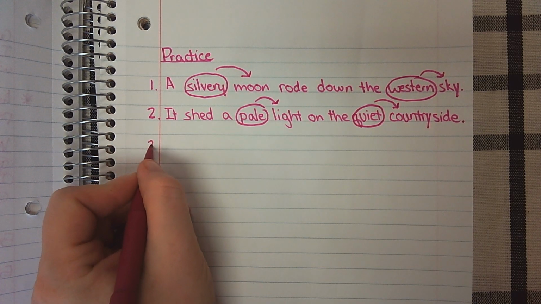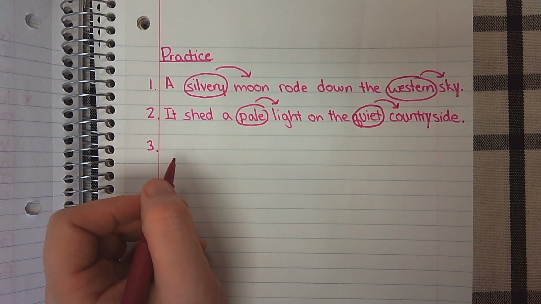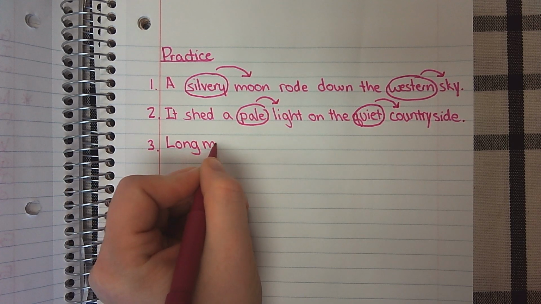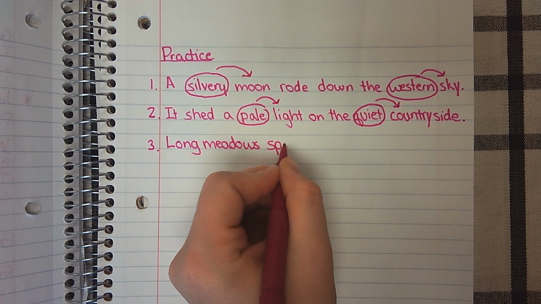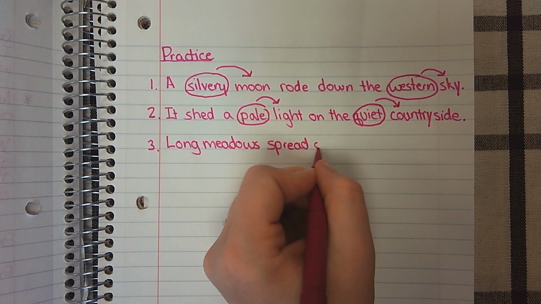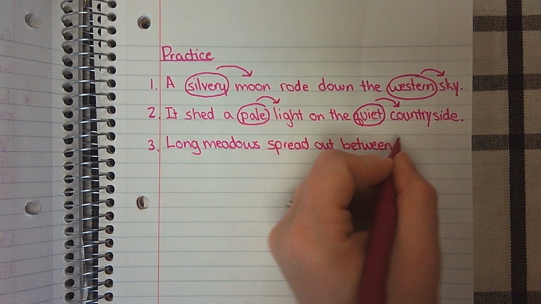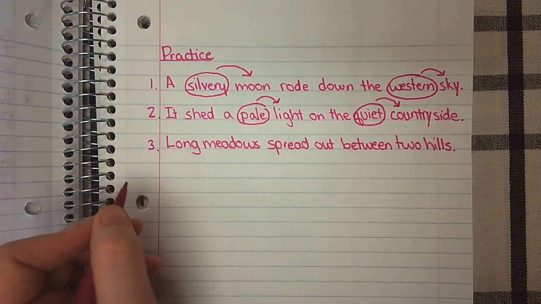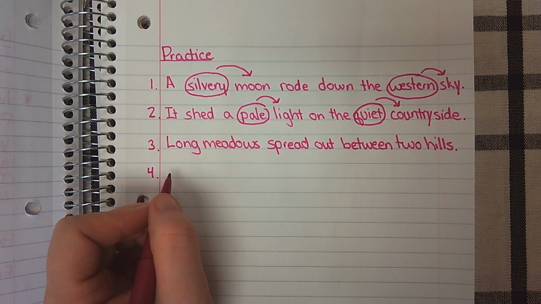Okay. Number 3, I'm going to have you do 3, 4, and 5 on your own, and we'll check them tomorrow. Long meadows spread out between two hills. Number 4.